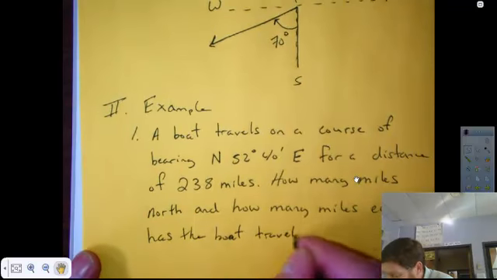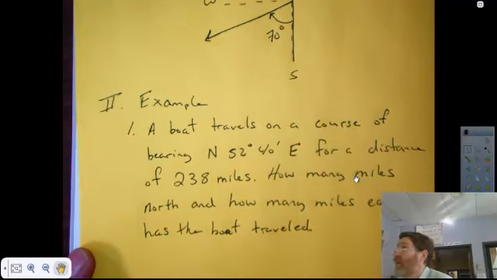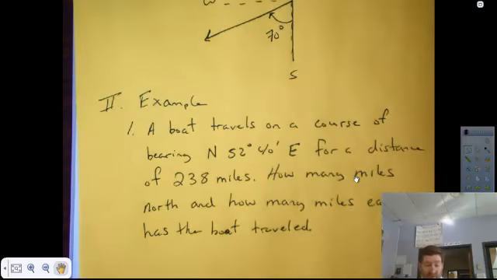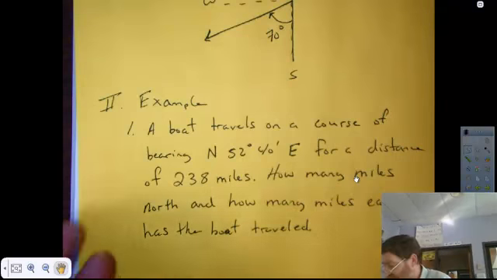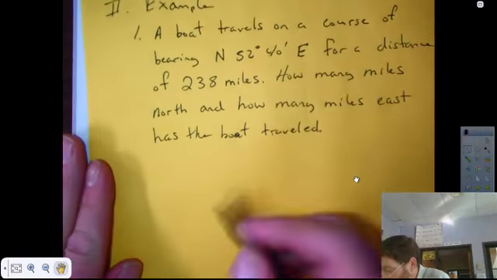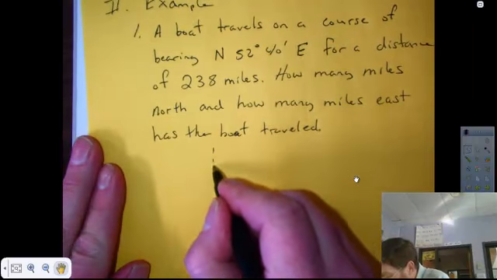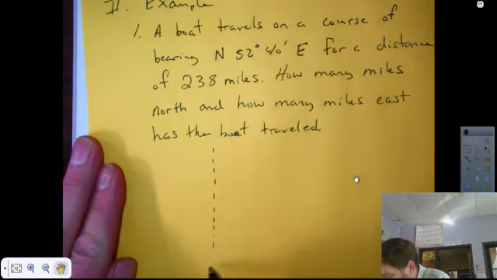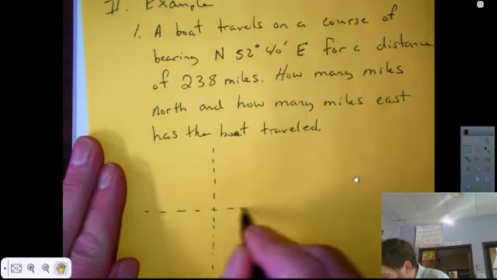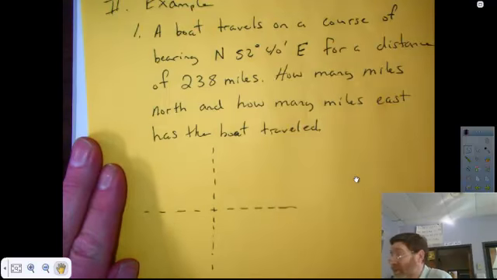Now, in physics, often we would say on a question like this, we're finding the components of the vector. But in this case, we're just looking at the right triangle part of this. Of course, the first thing you want to do is draw the angle and draw the triangle, because all these applications will make a right triangle.